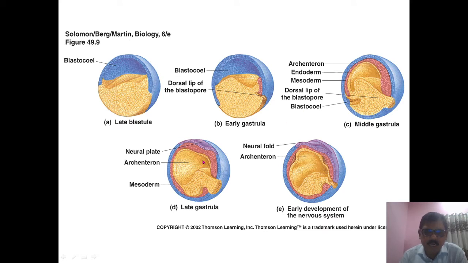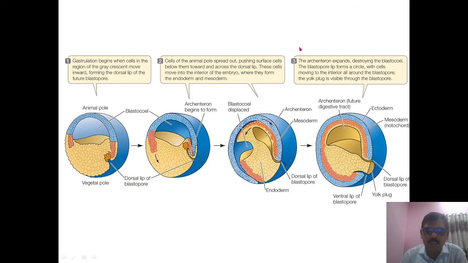This Archenteron cavity completely replaces the cavity that we call the blastocele, and there is a formation of the three germinal layers: ectoderm, mesoderm, and the endodermal layer. So these are the processes involved in gastrulation.